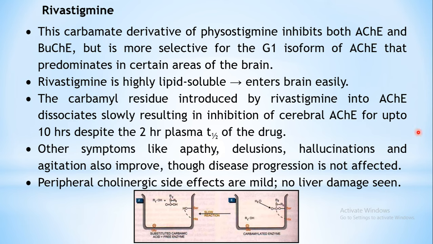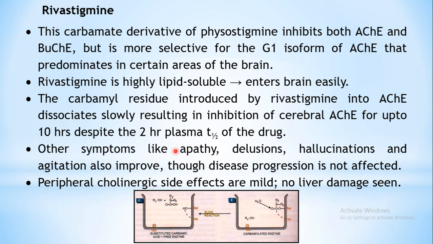The cerebral AChE remains inhibited for roughly 10 hours. So this is inhibiting the enzyme for a prolonged period, even by the time new enzymes may get formed, though the half-life of rivastigmine is just 2 hours.